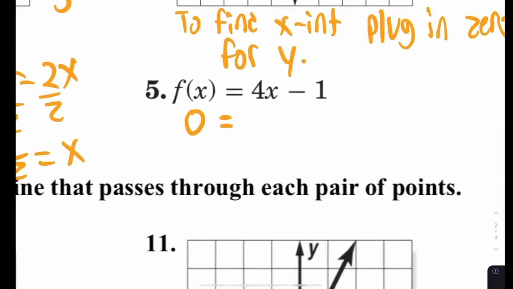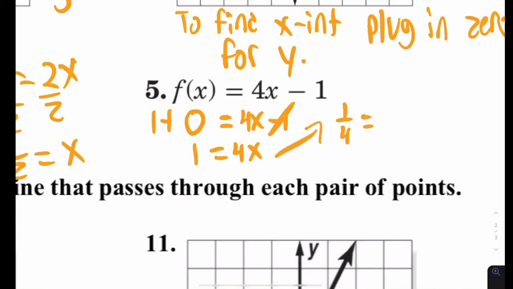0 equals 4x minus 1. We'll add 1 to the left, and to cancel that out over here, we'll do a 1 over there. And then we'll divide by 4 to get 1/4 equals x.